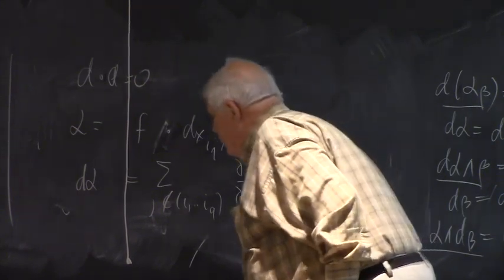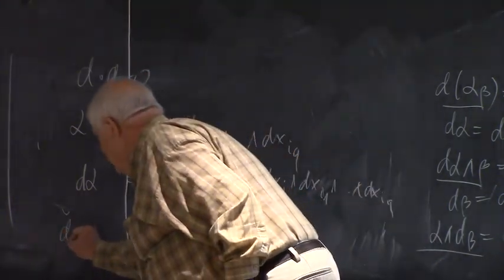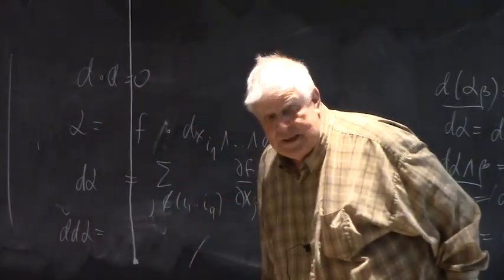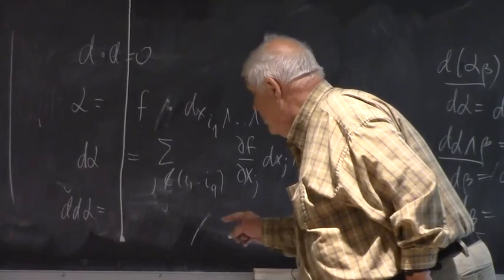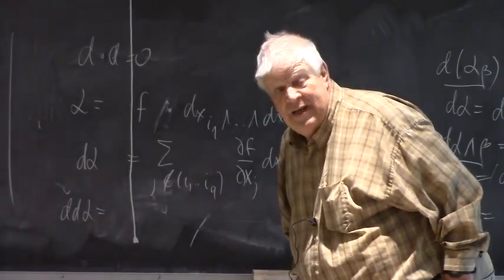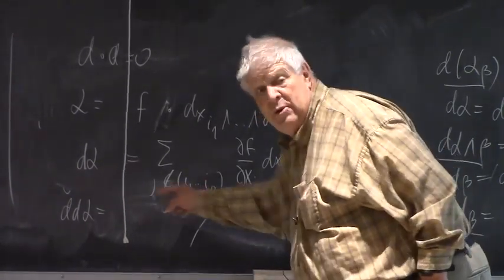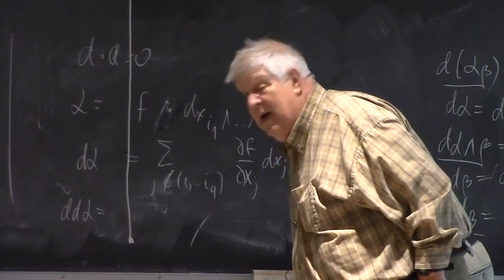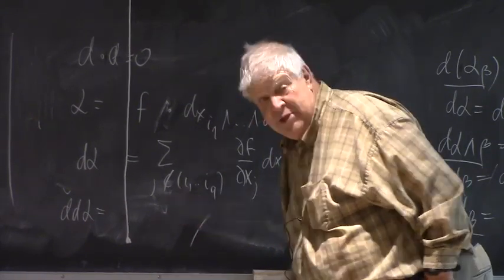And I apply the differential to each one more, dd alpha. And this will be what? I need to take one more number, say k, which is not among i1 ... iq, and also not equal to j.